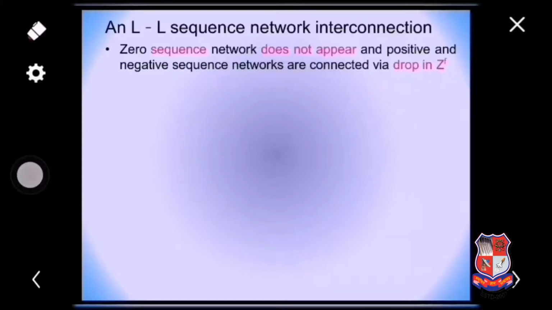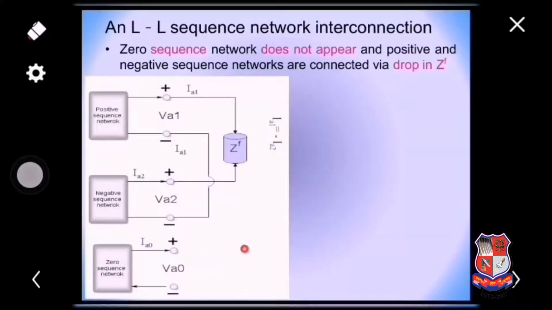So zero sequence network will be hanging in the air, and positive and negative sequence networks are interconnected in the parallel fashion via ZF, and into ZF IA1 and IA2 both are getting injected in the opposite direction. So this is also justifying the equations we derived.